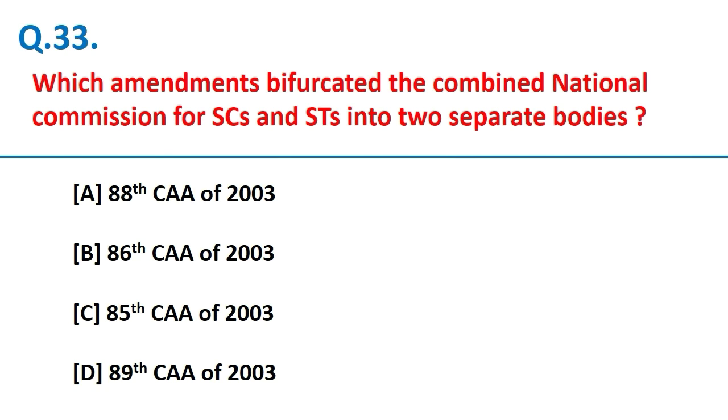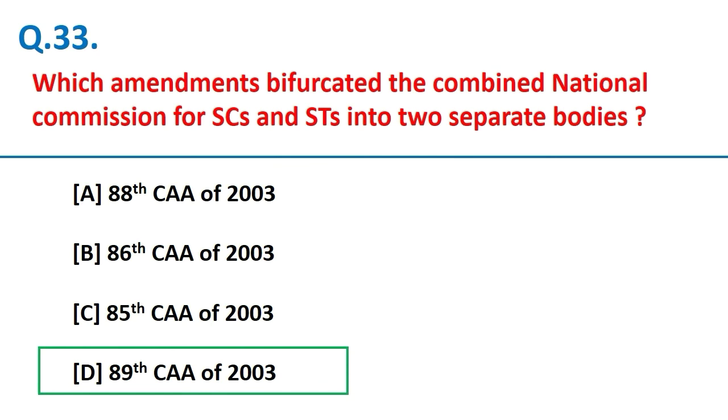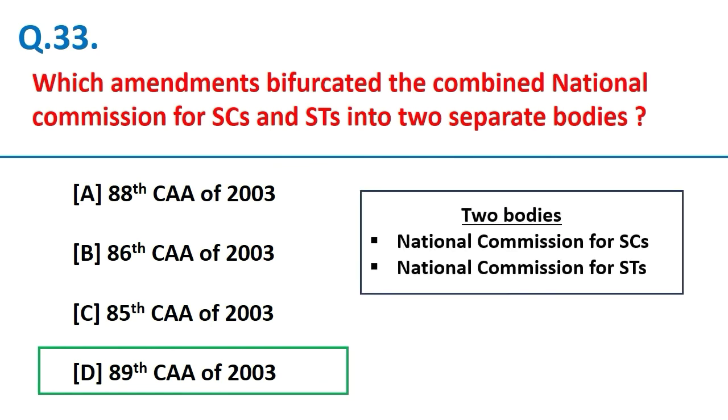Which amendment bifurcated the combined national commission for SCs and STs into two separate bodies? 89th Amendment Act of 2003. It divided National Commission for SCs and STs into National Commission for SCs and National Commission for STs.